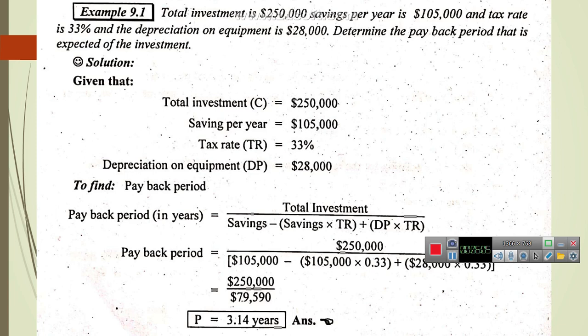The tax rate is 33%, converted to 33 divided by 100, which is 0.33. Depreciation of equipment DP is 28,000, also multiplied by TR, 0.33. Finally we have 2,50,000 divided by 79,550, so we get the payback period value of 3.14 years.